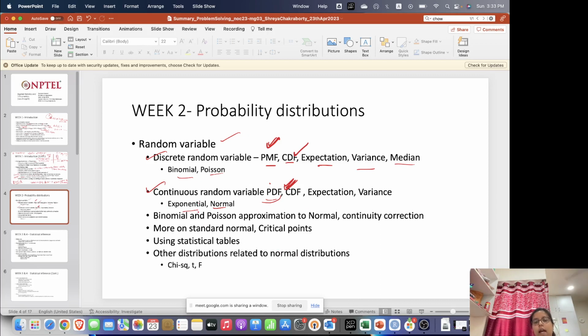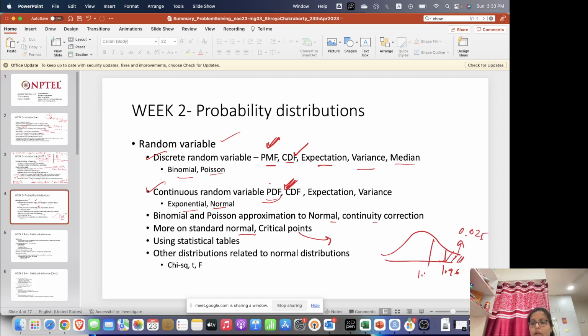While this is done, we also learnt about binomial and Poisson approximation to normal, and how we should do some sort of continuity correction. We learned some more on the standard normal, and we learnt about the critical points. If we have 1.96, the area above is 0.025.